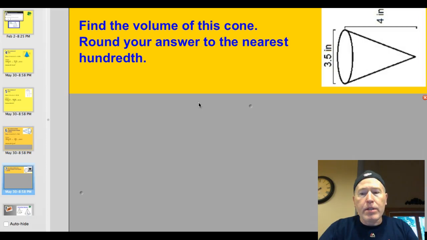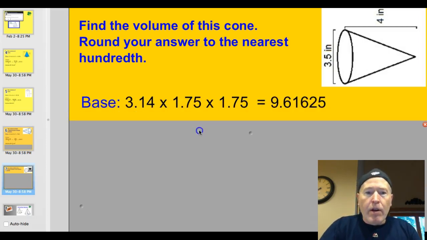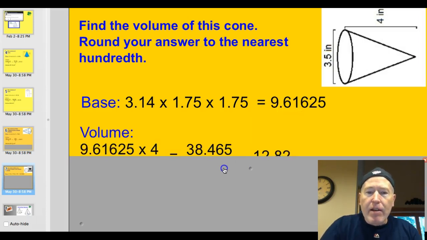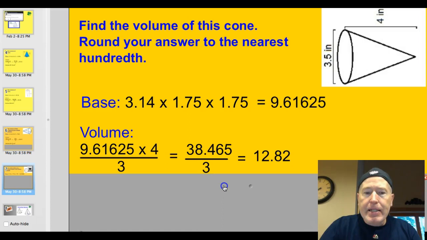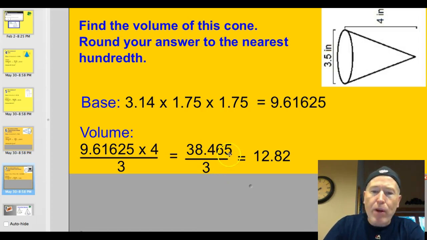Okie dokie, let's see how you did. All right, if you found the area of the circle properly, you used a radius of 1.75 based upon a 3.5 inch diameter. So 3.14 times 1.75 times 1.75 gives you 9.61625. Multiply that by the height of 4, you have 38.465.